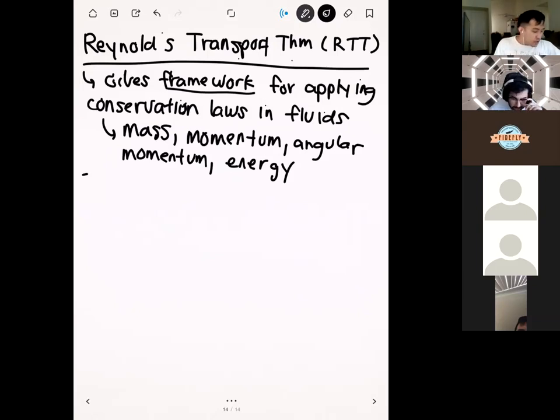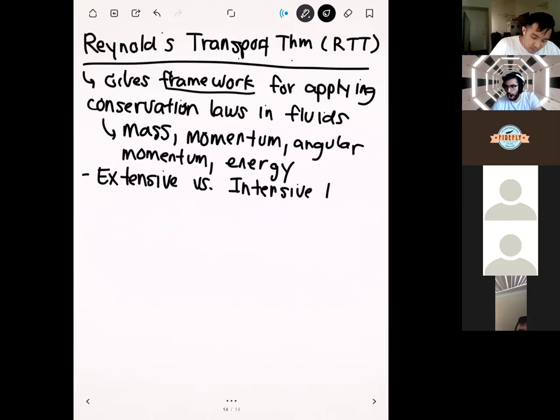Before we move on, let's revisit the difference between an extensive property and an intensive property. The relationship between an extensive property and intensive property looks something like this.